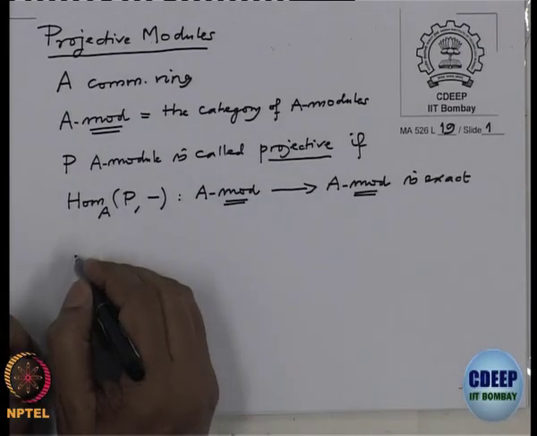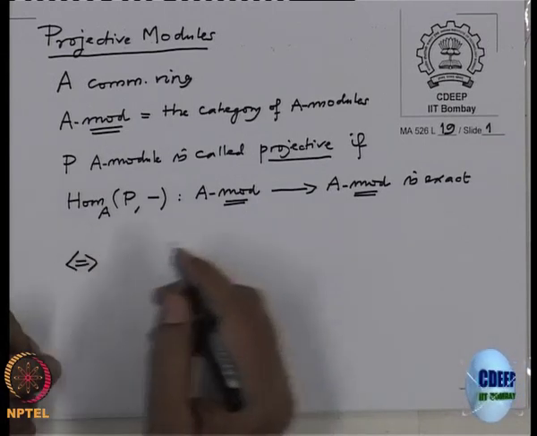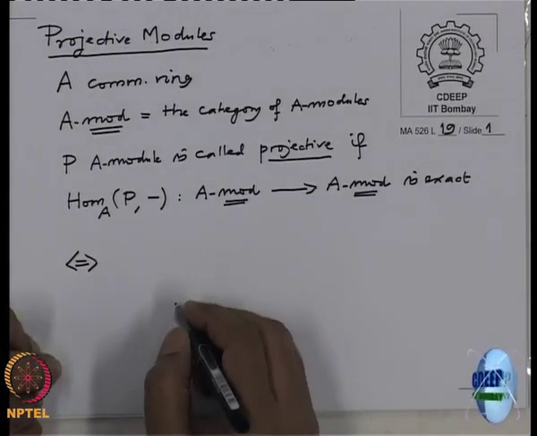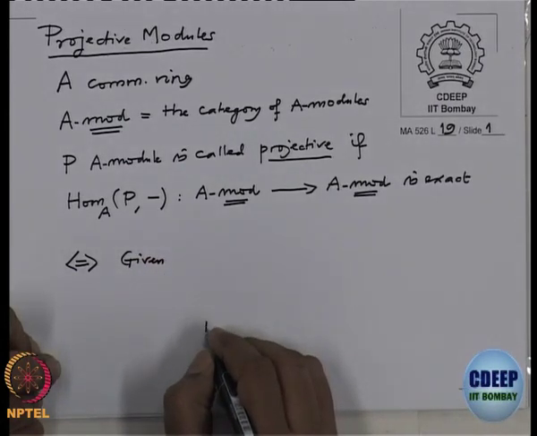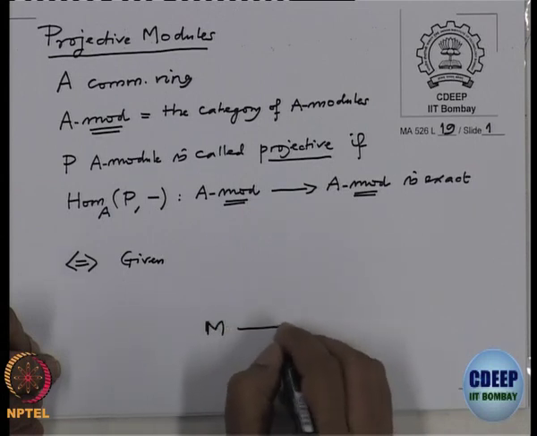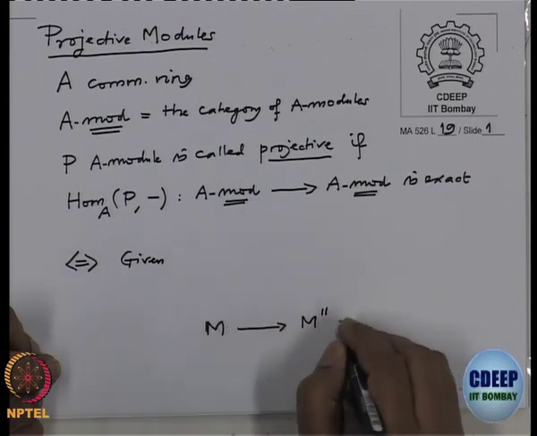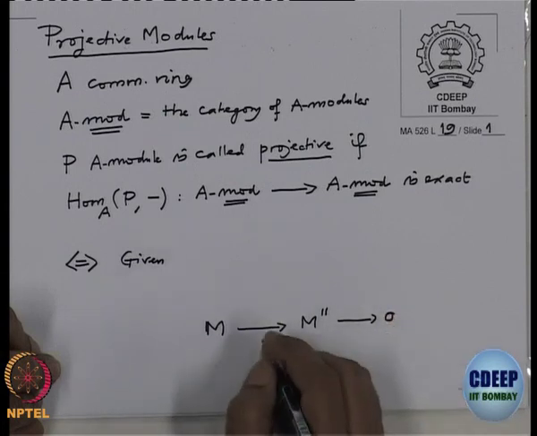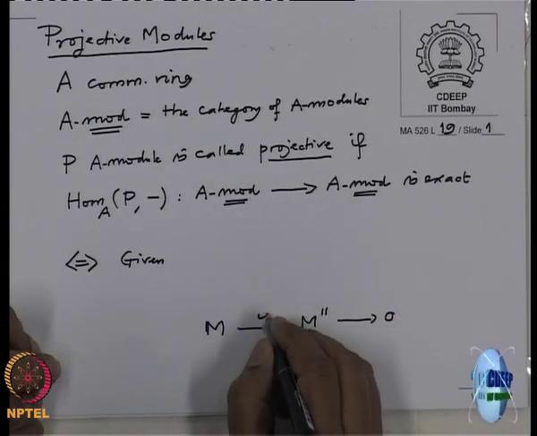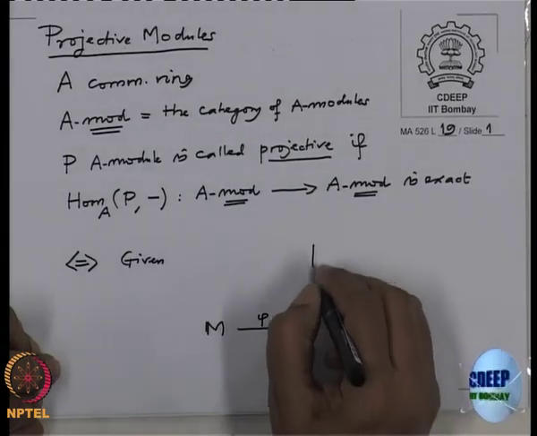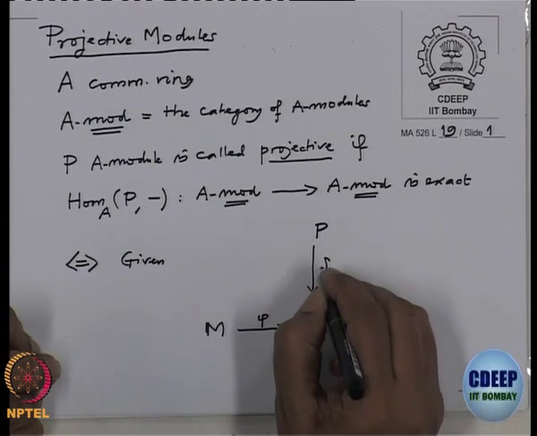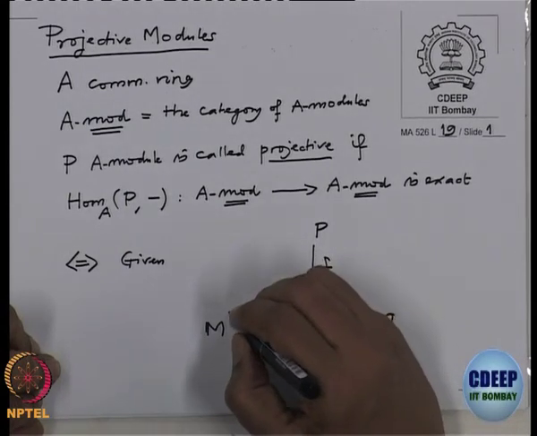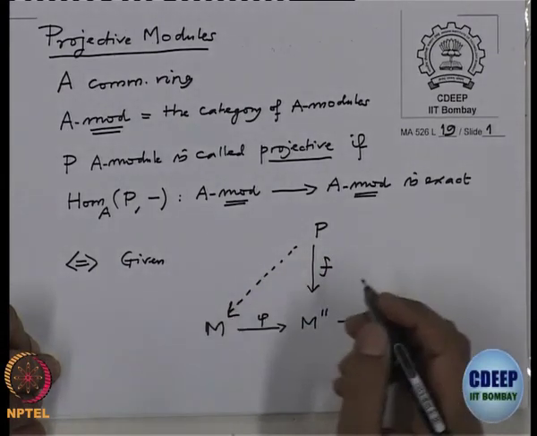So, this is equivalent to saying, for every surjective map given M to M'' to 0, this means surjective, this is phi, and given any A module homomorphism from P to M'', F, we should be able to lift it here, so that this diagram is commutative.